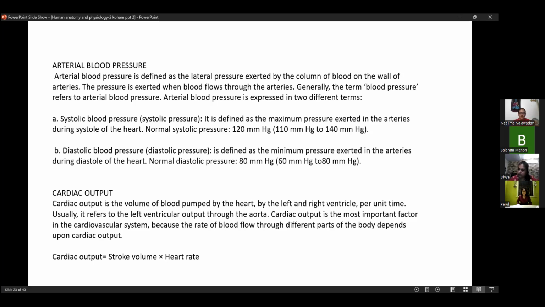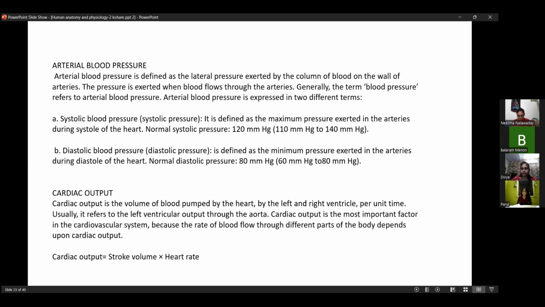Okay. Now cardiac output. Cardiac output is the volume of blood pumped by the heart, by the left and right ventricle, per unit time. It is simple maths. Actually, you can memorize it like this.